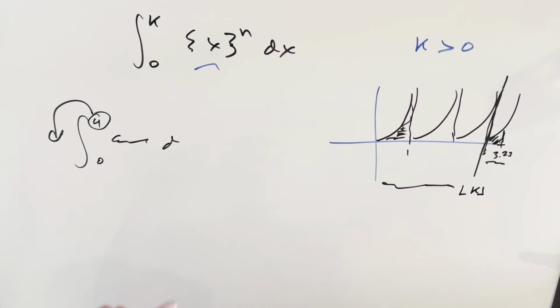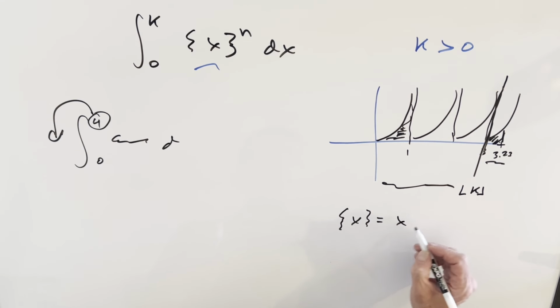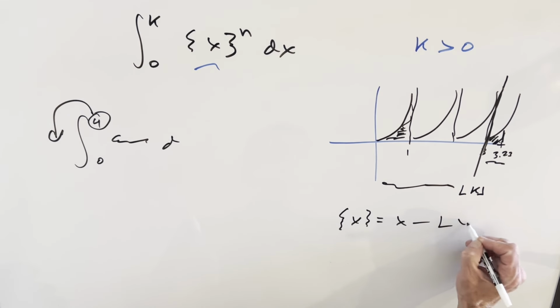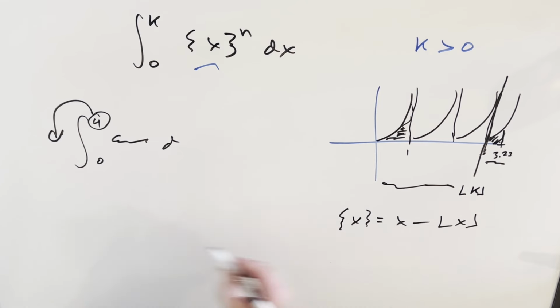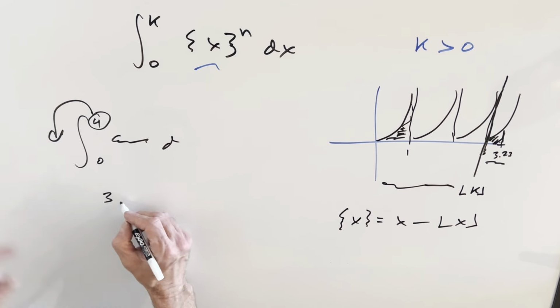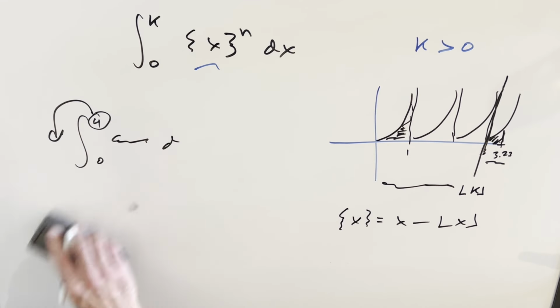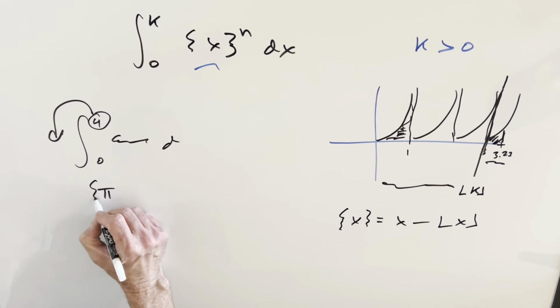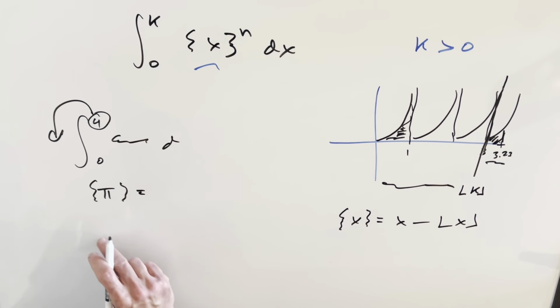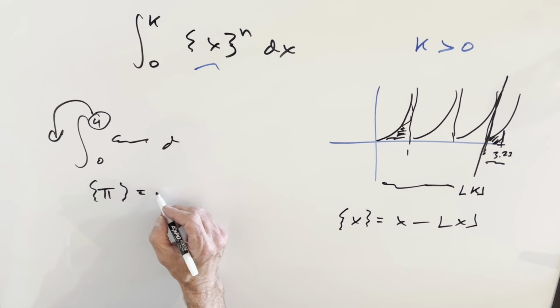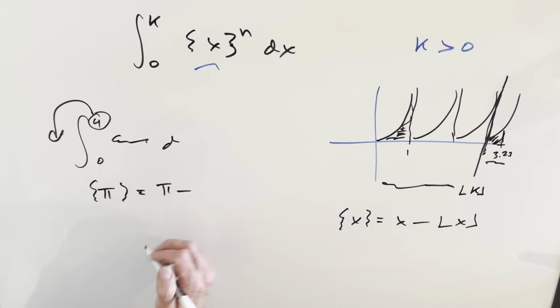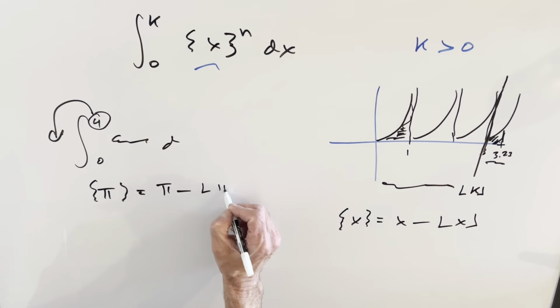What we can do for this is we can start with the formula for the fractional part. If we have the fractional part of x, this formula is the same thing as x minus the floor function of x. If you're not too familiar, let's use something like pi. The fractional part of pi is going to be just pi minus the floor function of pi.